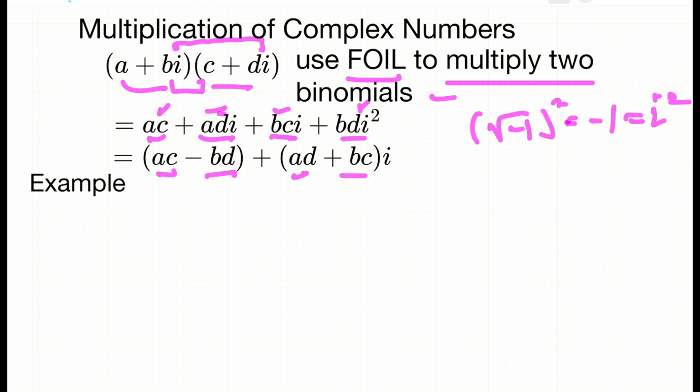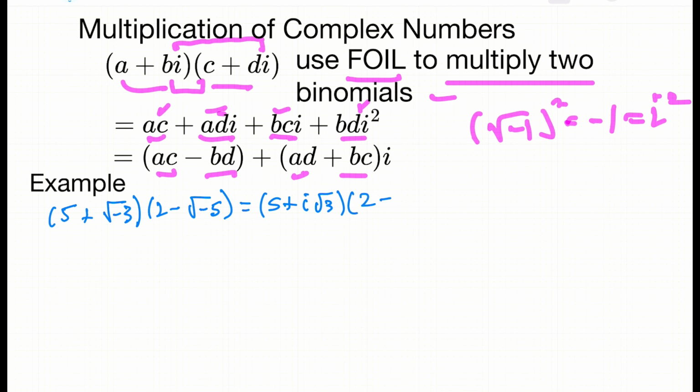So let's do an example. So let's look at 5 plus root 3 times 2 minus 5 root minus 5. Now this can be rewritten as 5 plus i root 3 times 2 minus i root 5, because we just factored out the minus 1, which is the i.